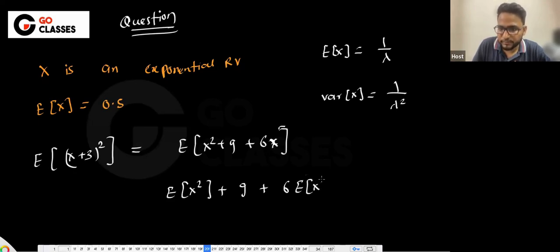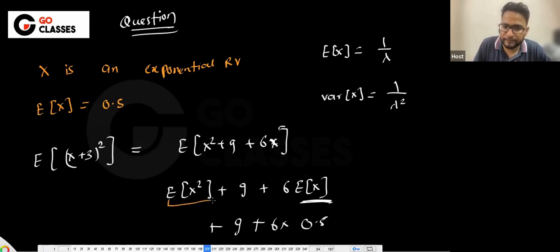Now the expectation of x is given to us, which is 0.5, into 6, plus 9, that is okay. Is this also given? That's the trick here. Is the expectation of x square given?